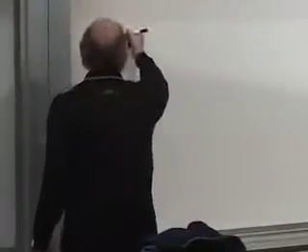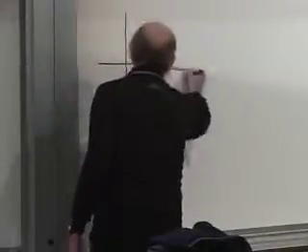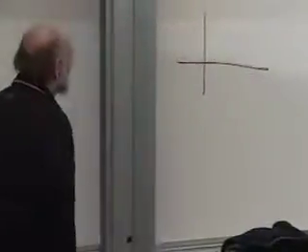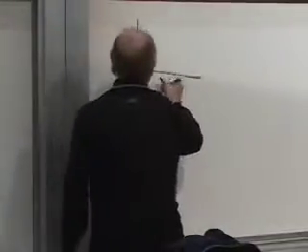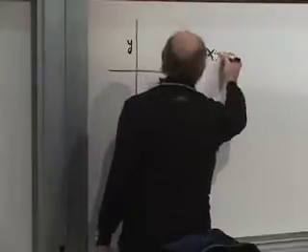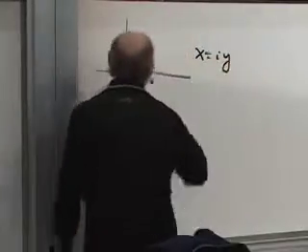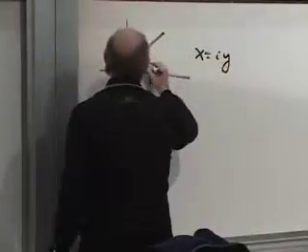A phase is a complex number. Let's just remember very quickly, for those who haven't been using complex numbers for the last 50 years, a complex number is an x and a y, x plus iy. It also can be represented as an r and a theta.